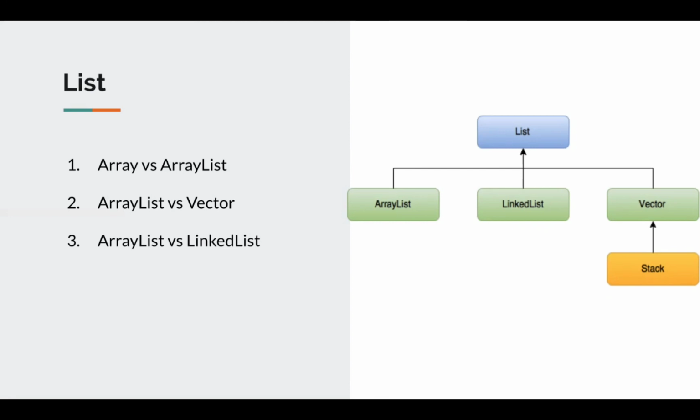Legacy class basically means that it existed even before the Java Collections framework. Array list came into the picture with the Java Collections framework. It wasn't present earlier. Also, whenever array list has to dynamically increase its size, it increases it by 50% of the original size, whereas vector simply doubles the original size for dynamic allocation.